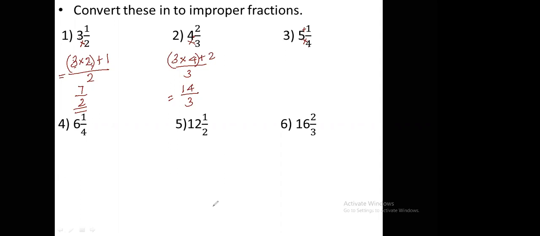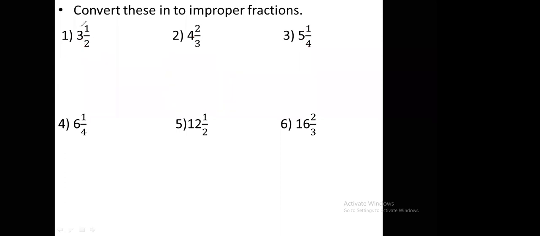Teacher, I can't understand. Then look at the board again. This is a mixed fraction. Now, do you understand what a mixed fraction is, Sanuka? Yes, teacher, mixed fractions consist of a whole number and a fractional part.